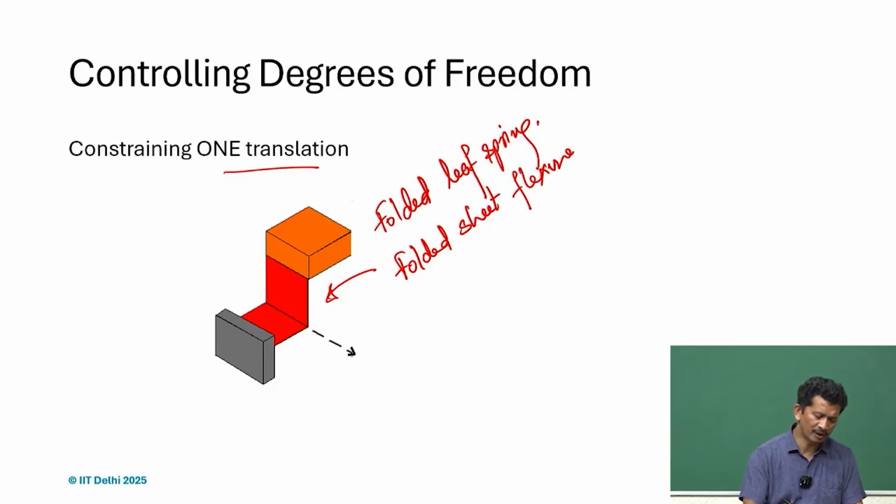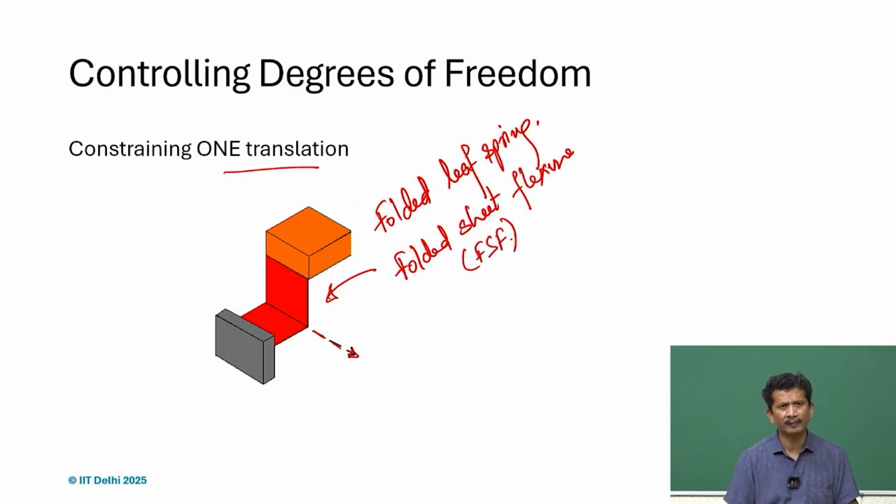For the time being, just remember that if we have to constrain one translation, we can always use a folded sheet flexure. In short form we call it FSF, and it provides a constraint along the fold line.